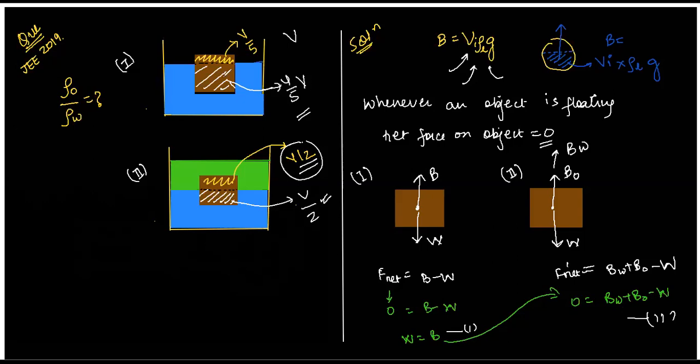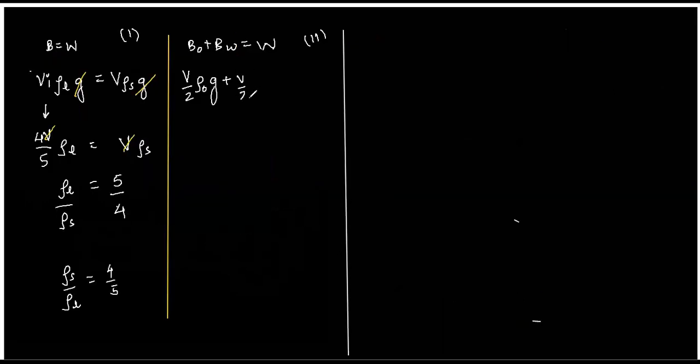So plus V by 2 into density of water times G is equal to the weight, total volume V into density of solid times G. The G and V terms can be cancelled on all sides.